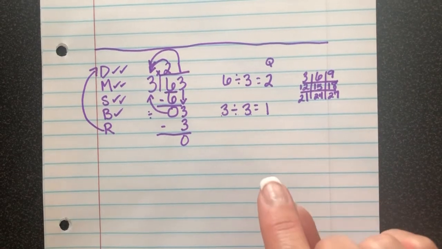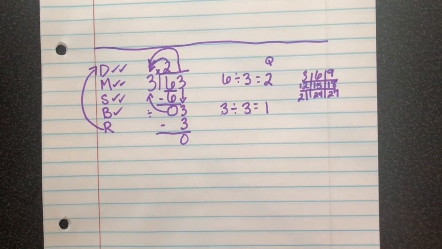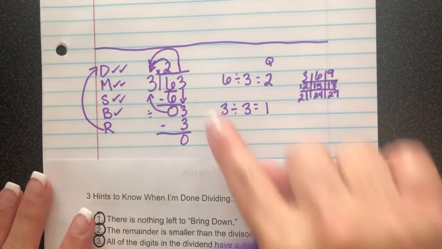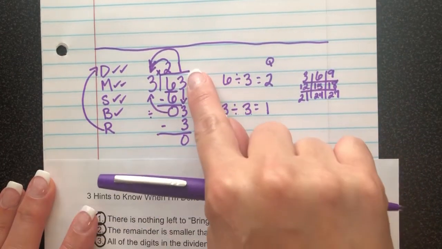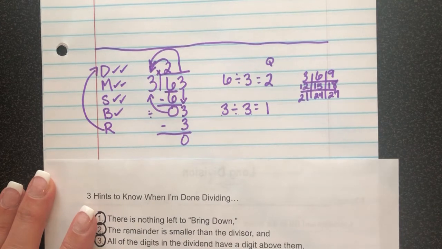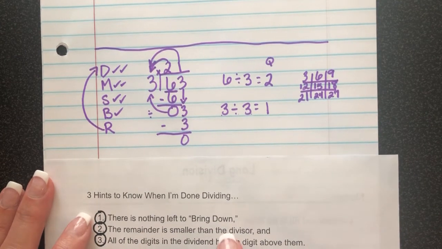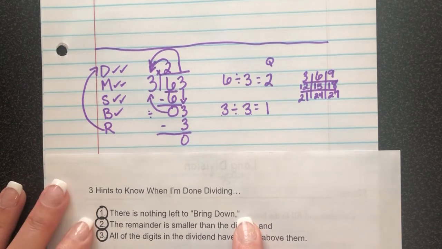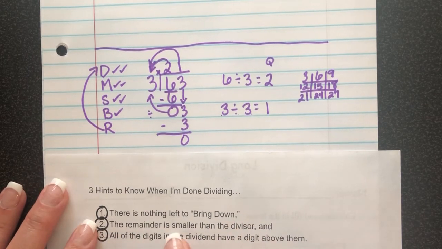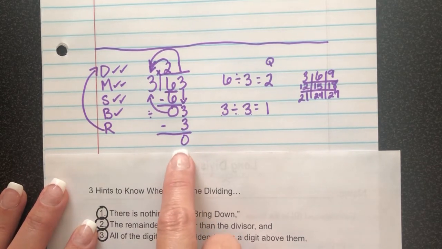Now I need my clues again because I can tell that I have nothing left to bring down. The next step would be to bring down, but there's nothing there. So I think I might be done. We've checked off clue 1. There's nothing left to bring down. Clue 2. Is my remainder smaller than my divisor? Remember, the remainder is always at the bottom down here.